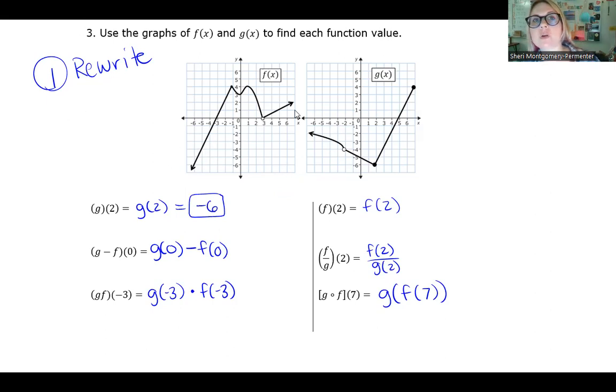At 2, you come over here to 2 and follow the graph up. Looks like to me it's right here. I would say 3.